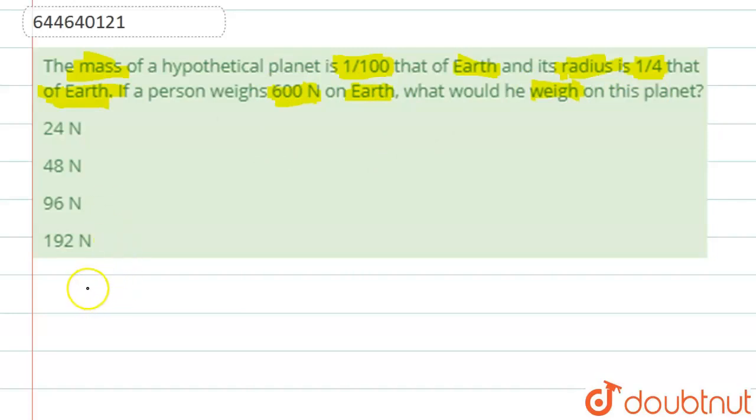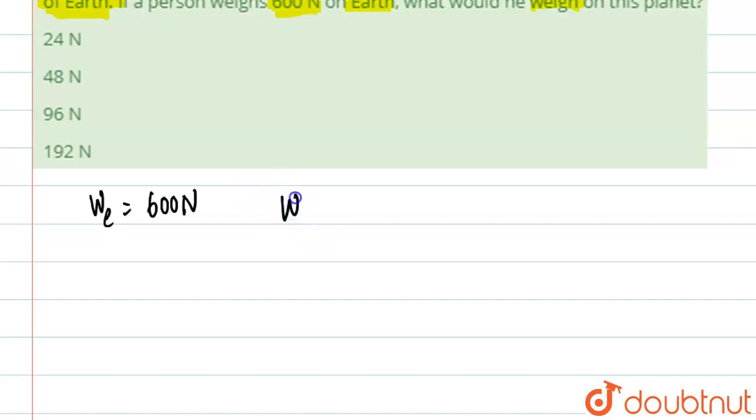Firstly, we'll find the weight of the person on Earth, which is 600 Newton. We are going to use the formula of G. So the weight of the person can be found by G M m by R square.